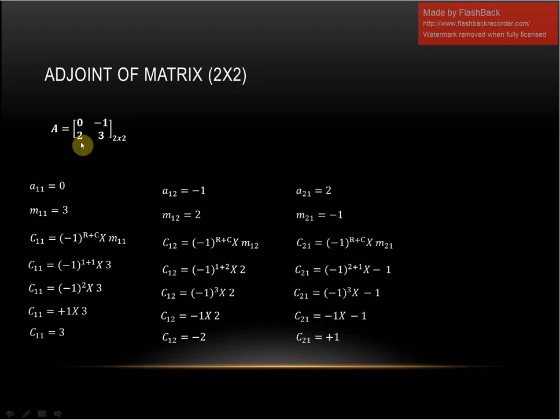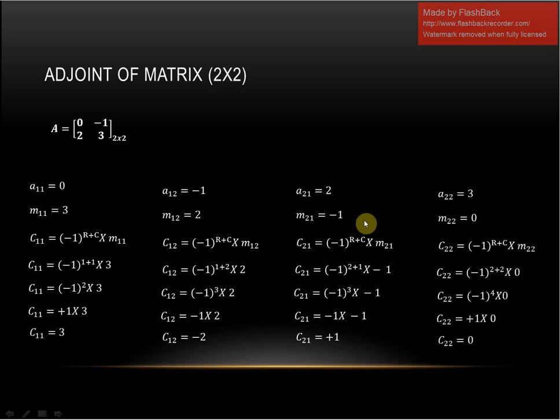Similarly, you will calculate A21, which is 2. So the minor associated with A21 is minus 1. You will forget this column and this row. The numerical value which is left is minus 1. Then you will calculate C21 with the same formula, minus 1 raised to the power row plus column, multiplied by M21. So C21 is equal to minus 1 raised to the power 2 plus 1. The row is 2 and the column is 1, multiplied by minus 1.